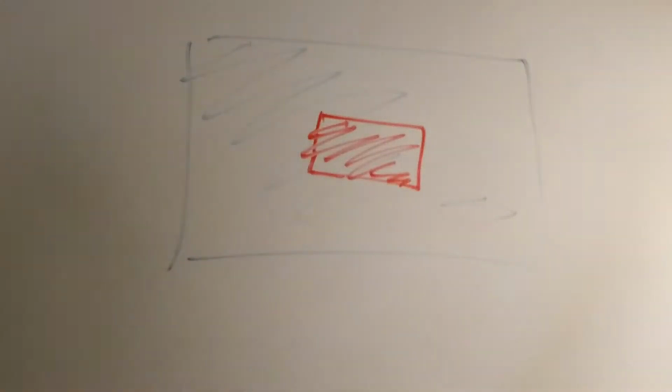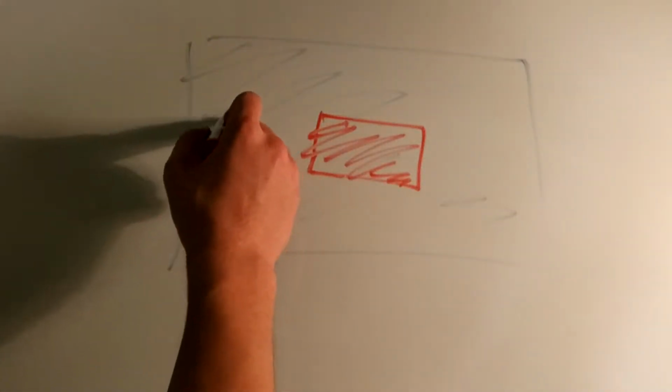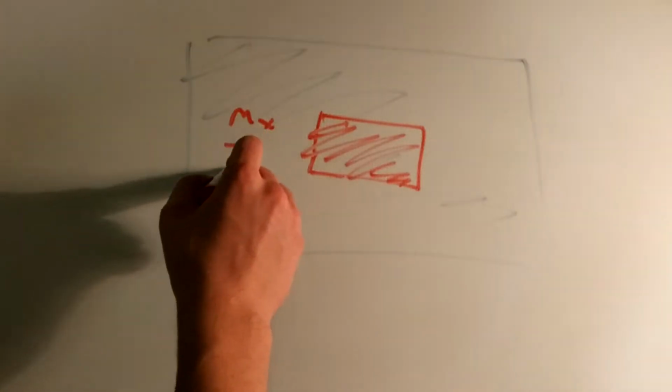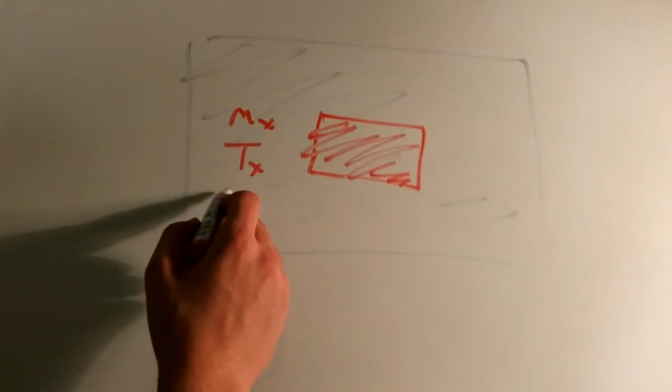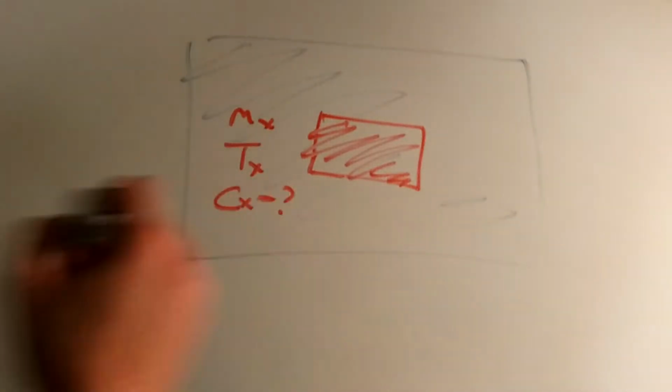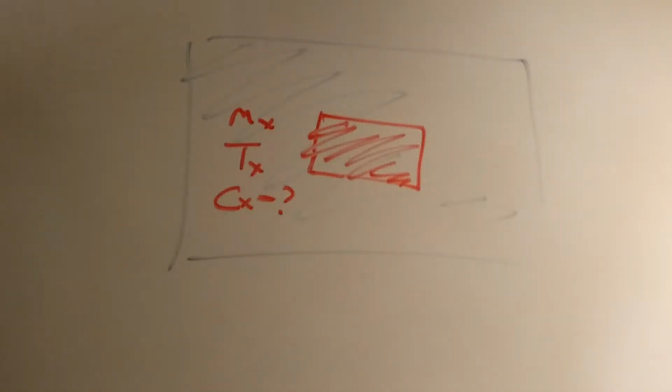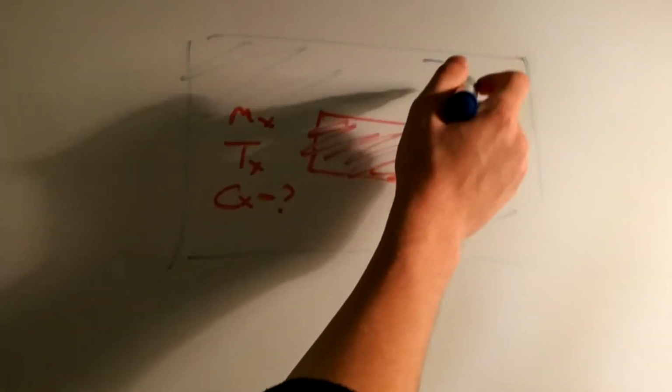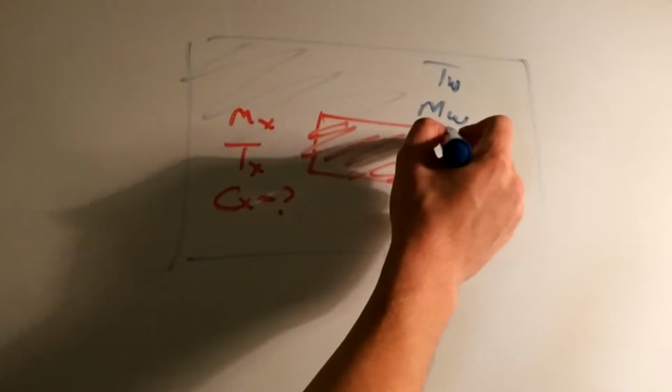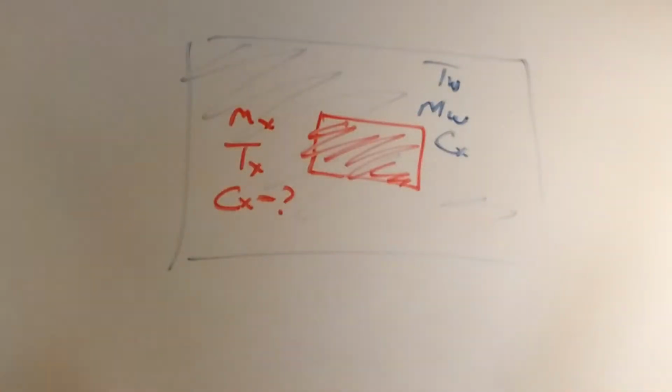Now we know the mass of the sample, so let's say mx. We know the temperature of the sample, Tx, and we're looking for Cx, the specific heat. And of the water, we know the temperature of the water, we know the mass of the water, and we know the specific heat of water.